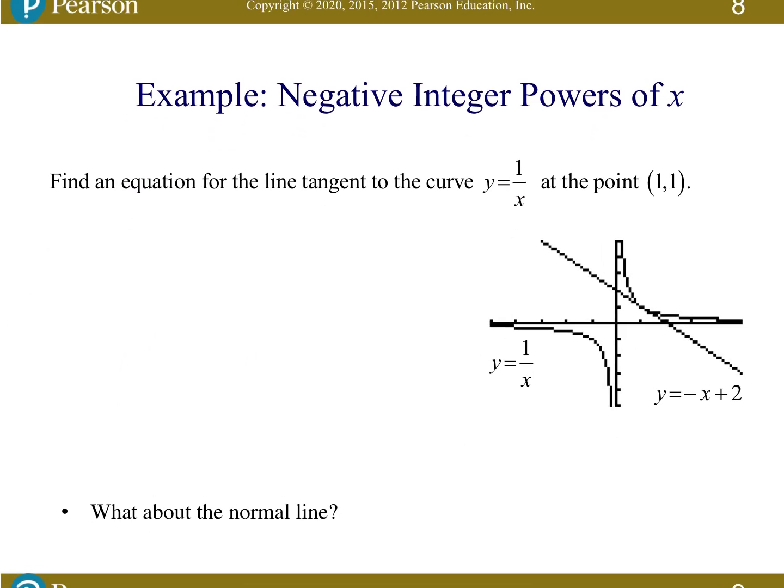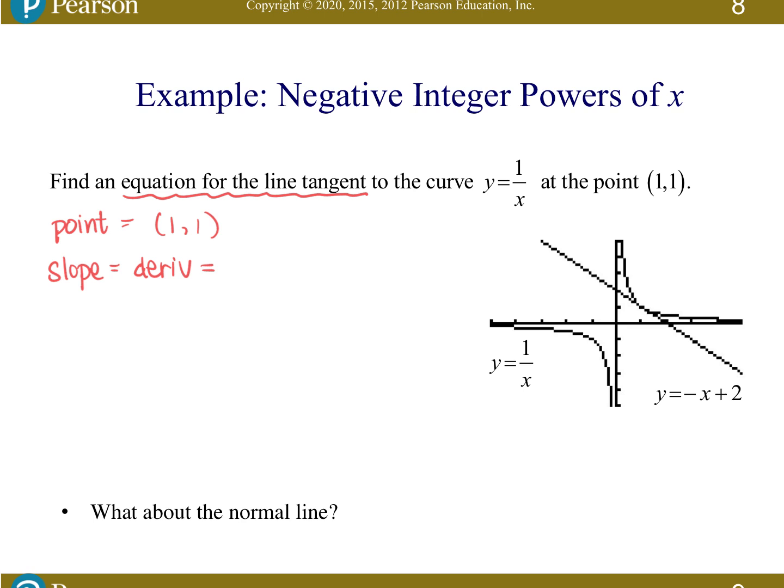Okay, here, find the equation of a tangent line to the curve y equals 1 over x at the point. So again, we find the equation for a tangent line, which means we need a point and we need a slope. Now the point was given to us as 1, 1. The slope will be the derivative. The derivative is going to be the power rule, but my function is not written as a power right now.